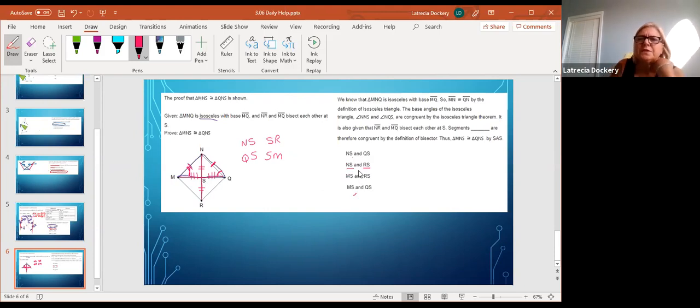I'm looking to see if there's something else that we need to prove here. It looks to me like NS and RS are congruent, and it looks that MS and QS are also congruent.